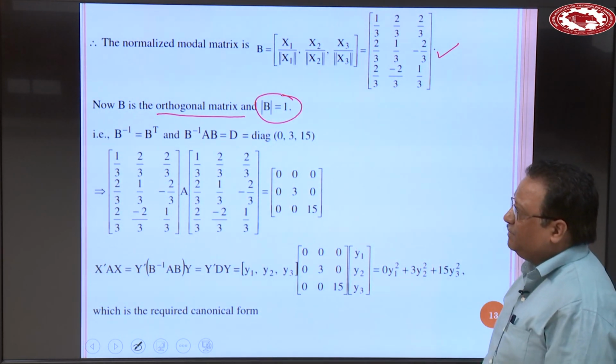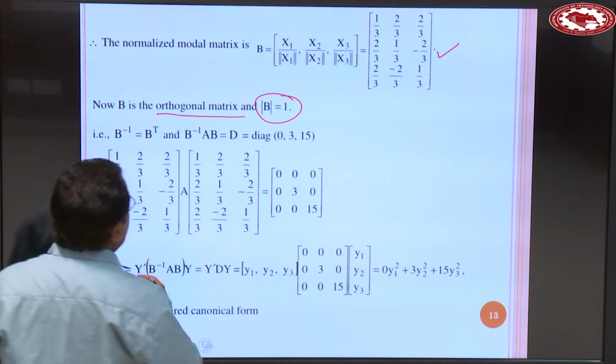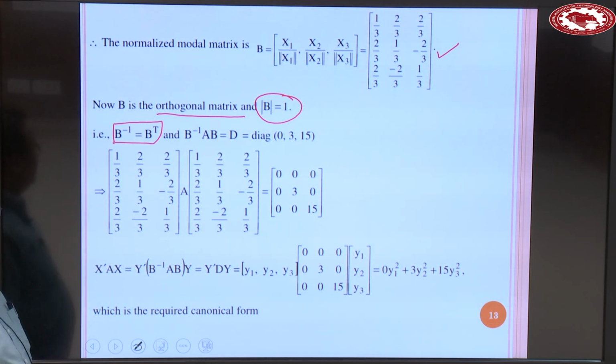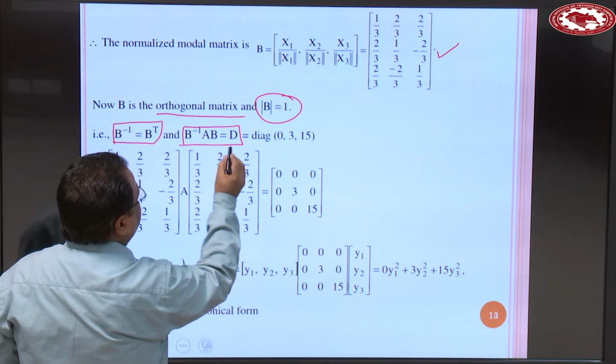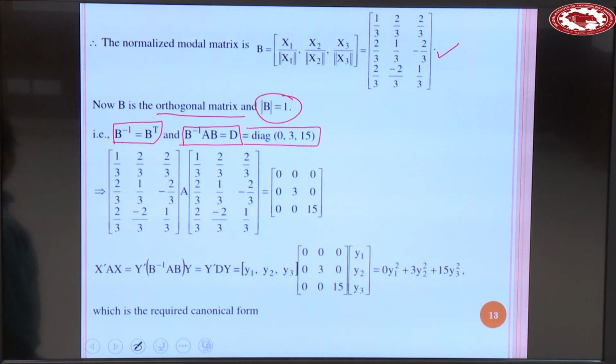When B is an orthogonal matrix, this means B dash B is equal to I, means B inverse is equal to B dash, okay, and B dash AB is equal to D, the diagonal matrix 0 3 15. These are the eigenvalues 0 3 15.